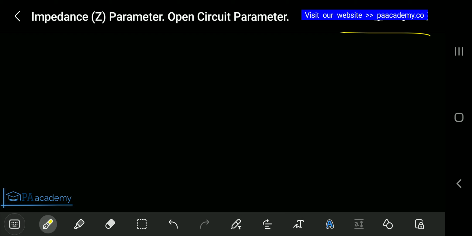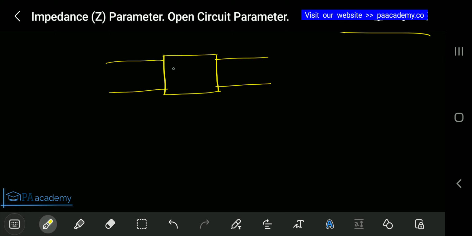So if you are talking about Z parameter, the first thing we need to do is draw a diagram that represents what the Z parameter actually looks like. This is a two-port network, just like we had in the previous video. This is our linear network, or it could even be a circuit.